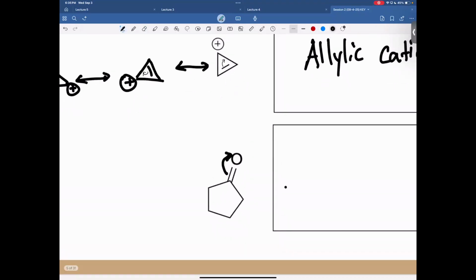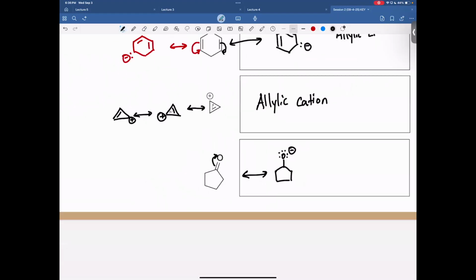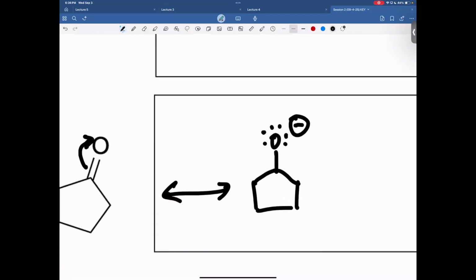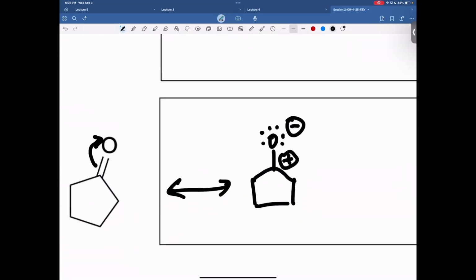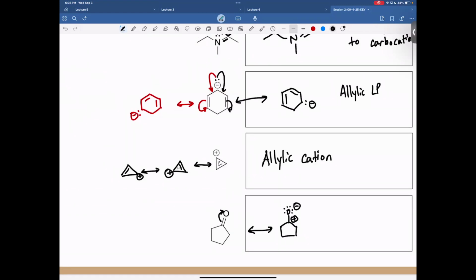And you get this right here. We've got a charge: this carbon would also have a positive charge now. Does that make sense?